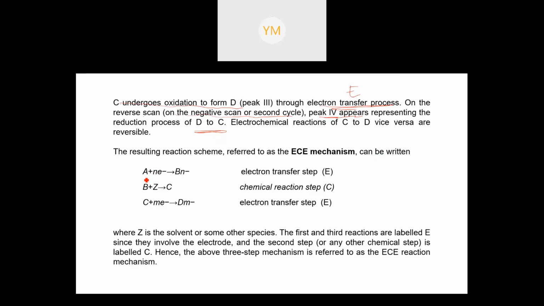So the process A to B is E, involving electron transfer. Then the balance of B reacts with the solvent, which is a chemical reaction, we call it C. Then C converts to D involving electron transfer because there is current, so it's E. ECE.